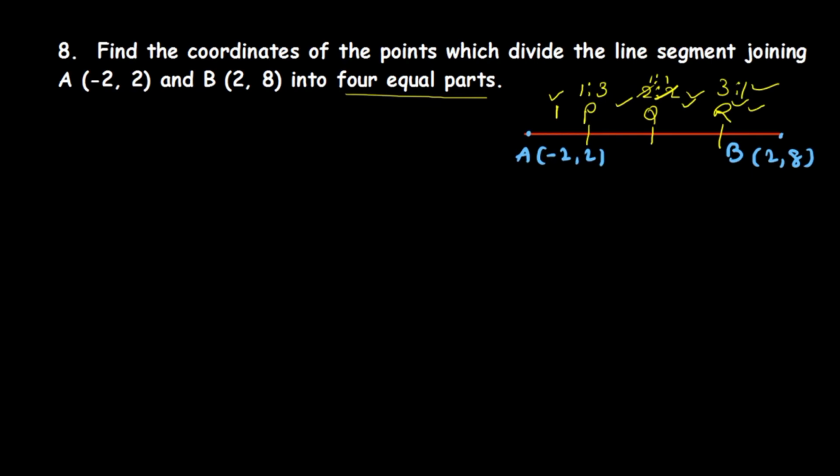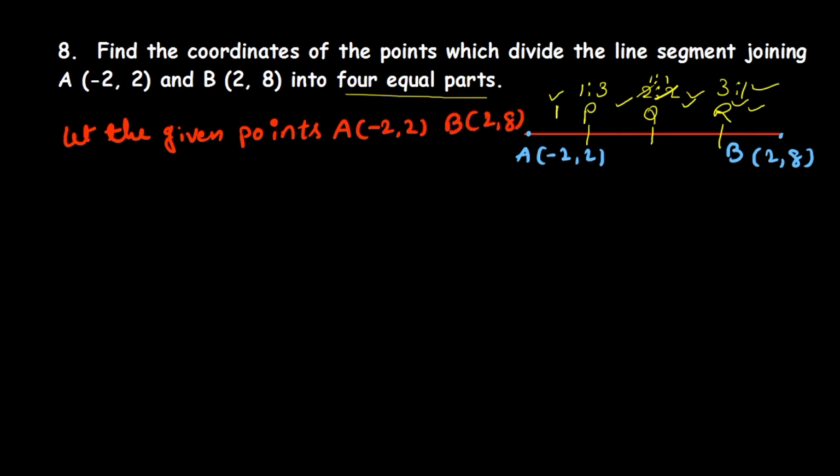So first of all, let the given points be A(-2, 2) and B(2, 8). So these are the 2 given points. For this we can take (x1, y1) and (x2, y2).